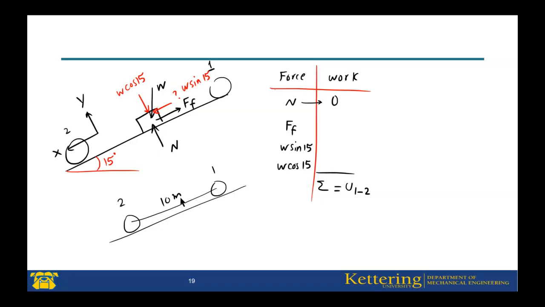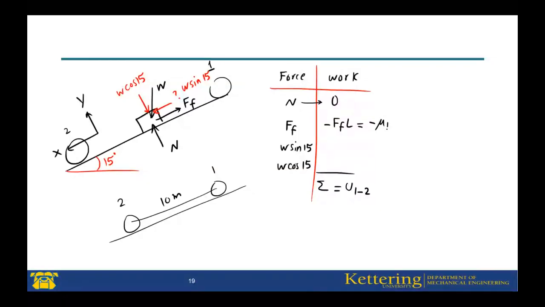Now, what is the amount of the work that is done by the frictional force? Yes, negative frictional force times L. Correct. And this will be minus mu k multiplied by the normal force, and L is 10 meters.